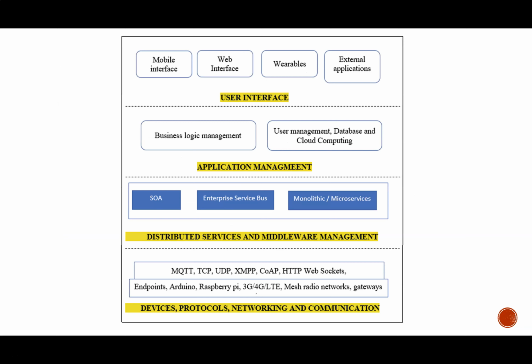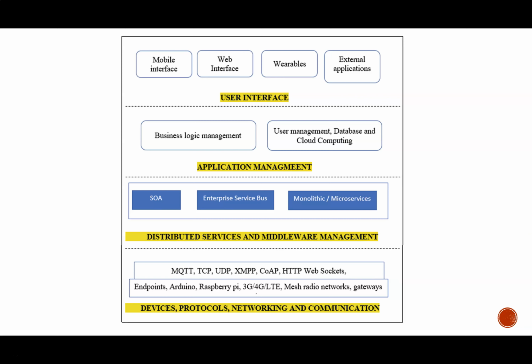Here's a diagram which is, I think, very useful in describing our reference architecture. At the bottom of the stack are the devices and the protocols, networking and communication. There's HTTP, there's UDP and TCP, MQTT, which we talked about earlier, the message queuing telemetry transport.